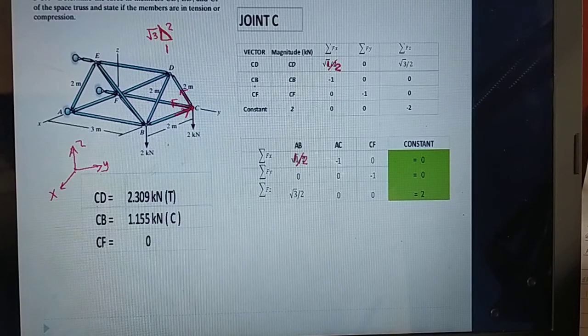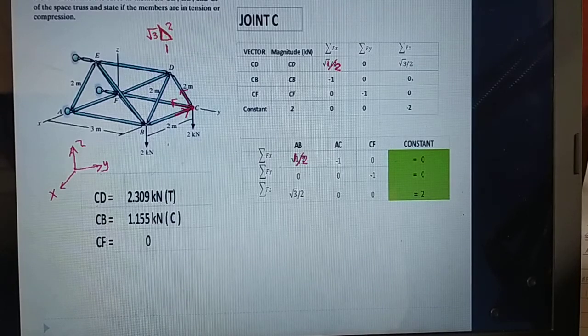For CB, it has the projection along the x-axis only. So negative 1 because I assume it as a compression member, because 2 over 2 is 1. It has no projection along y, no projection along z.